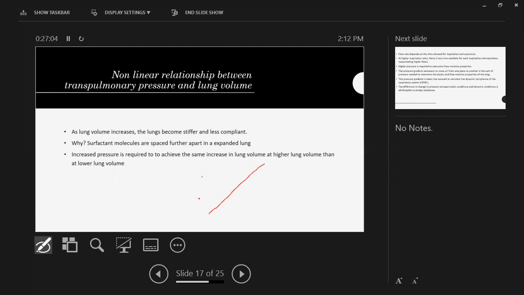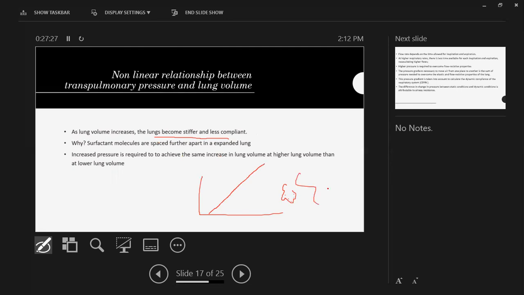So this is the sort of graph that you expect, isn't it so? But physiologically, it is not so, because as lung volume increases, the lungs become stiffer and less compliant. Why? Because when the alveoli is in normal position, the surfactants are placed close together, resulting in a lower surface tension and better expansion.